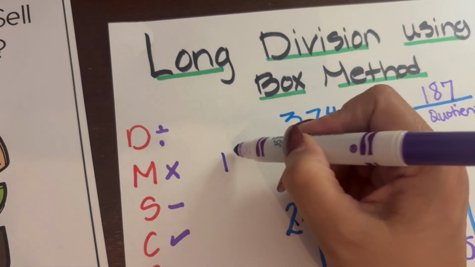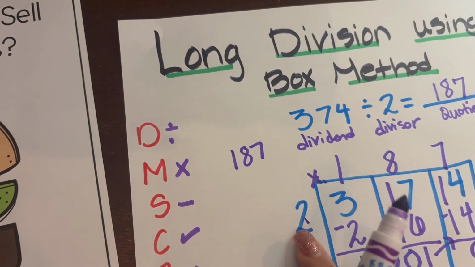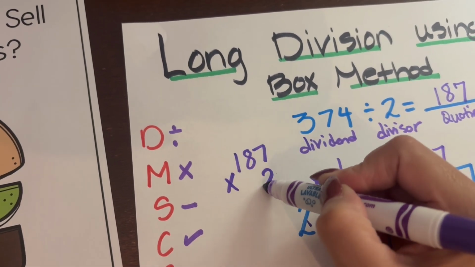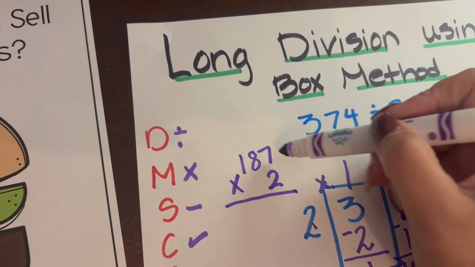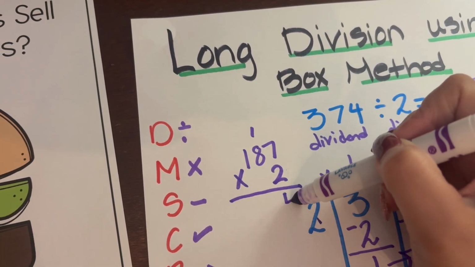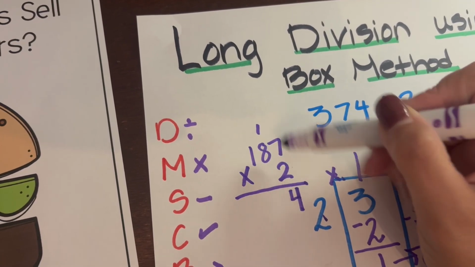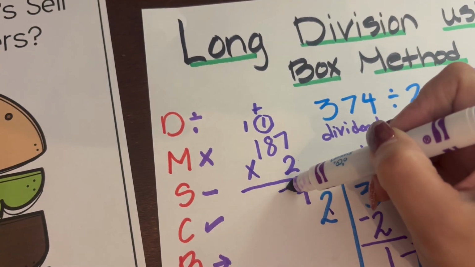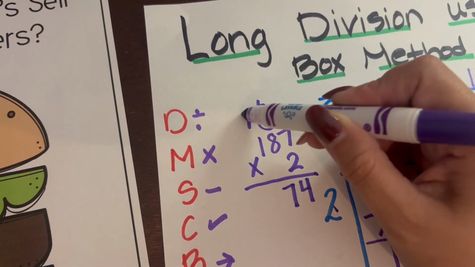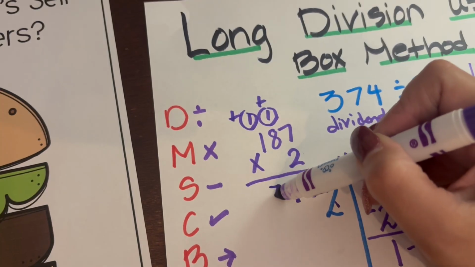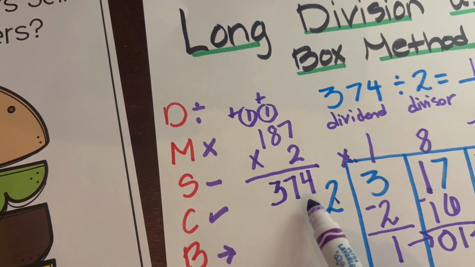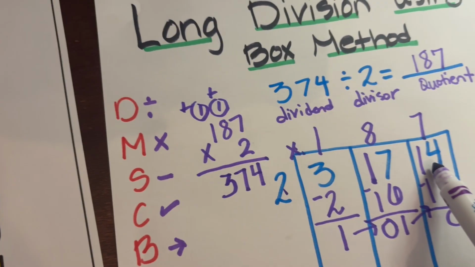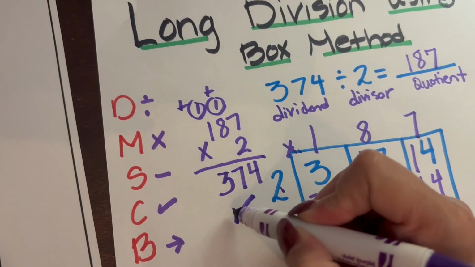So let's try that. 187 times 2. 7 times 2 is 14. 8 times 2 is 16, plus the 1 is 17. 1 times 2 is 2, plus 1 is 3. 374. That tells me that I got it correct.